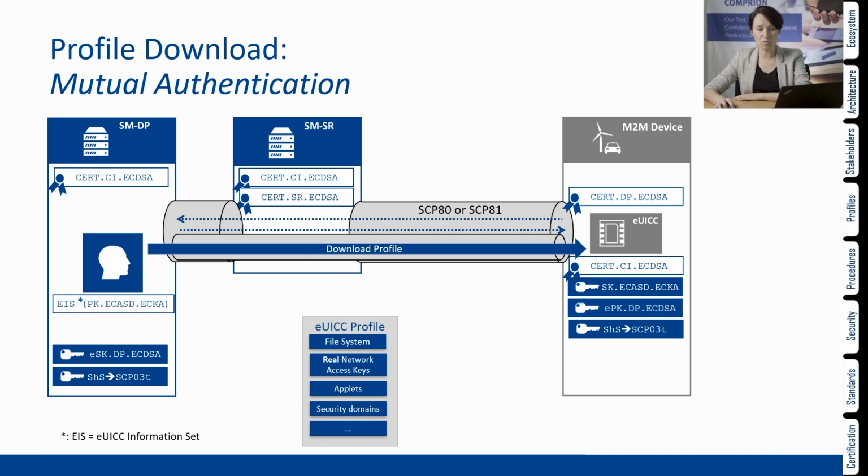The encrypted profile can be downloaded to the EUICC, and since the keys are the same, the EUICC can decrypt this profile and get the data, not the SMSR. Okay. I hope it's clear.